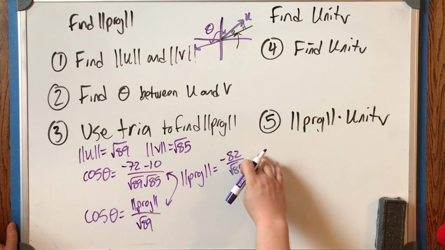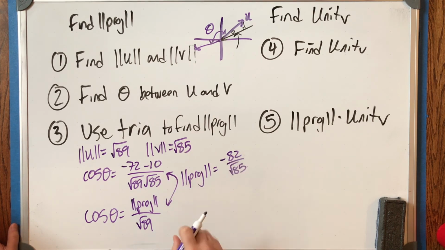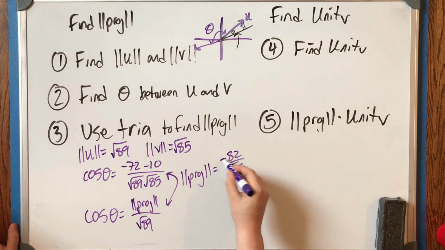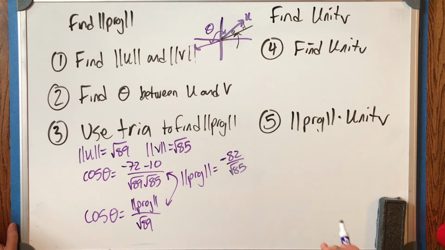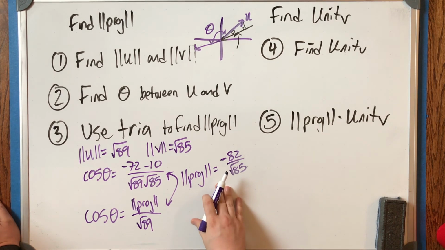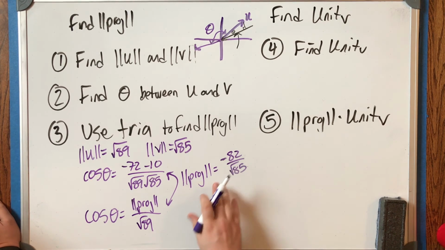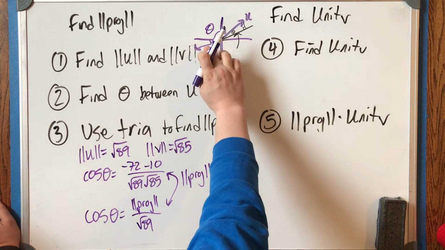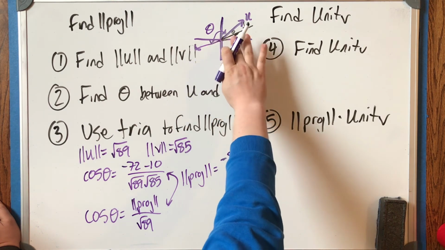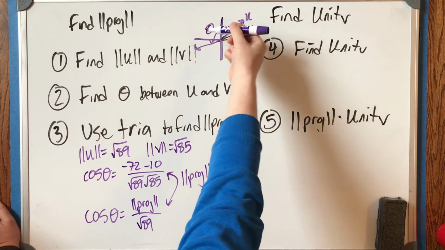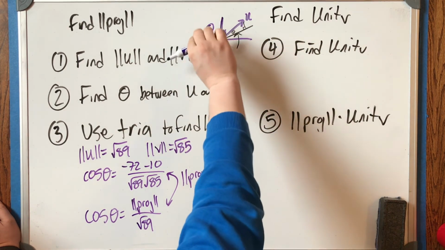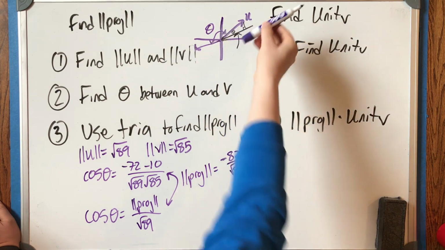But you'll see when we get out of vectors and move to the next chapter and the chapter after that, we kind of break that rule and we can think of this in a different way where it's okay that it's negative, particularly when we get to what's called polar. That's what's interesting about this one. The reason it's negative is because we need to reverse the direction ultimately. U is pointing in the opposite direction that v is pointing in, and this negative will take it from pointing this way to pointing that way.